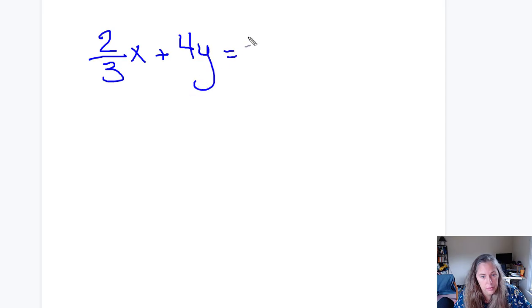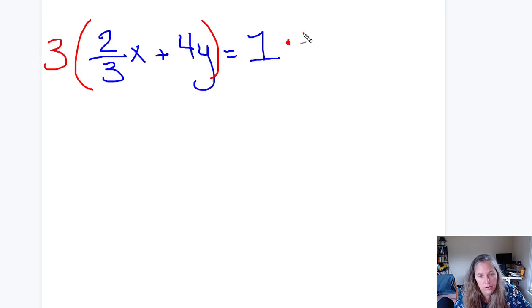All right, so let's look at this one. 2/3 x plus 4y equals 1. And the question is, why is that not in standard form, and what can you do to put it into standard form? In order to put this into standard form, I would multiply both sides by 3.